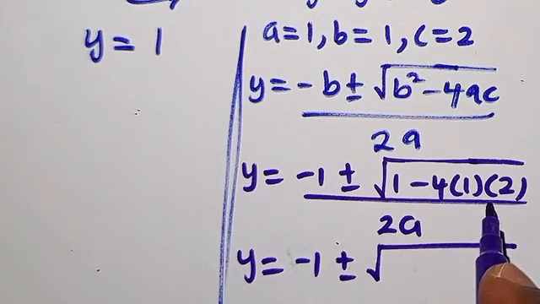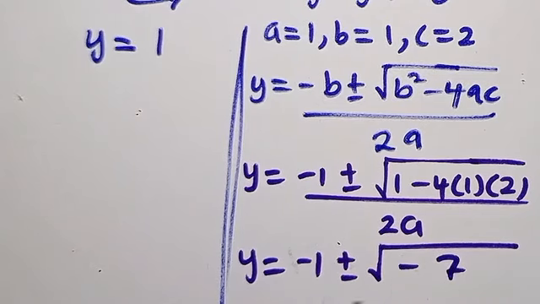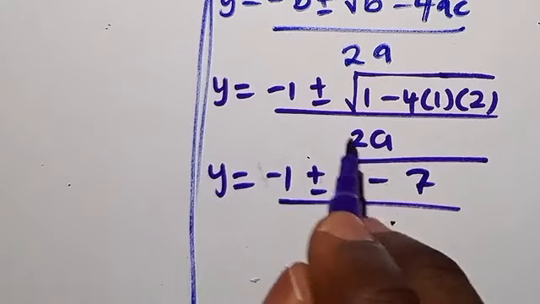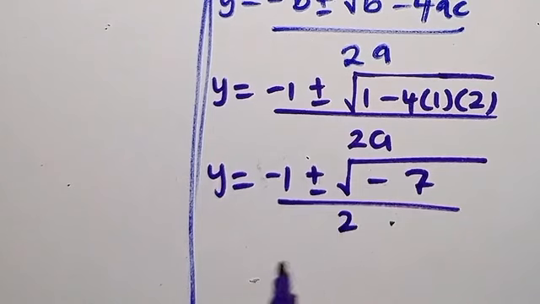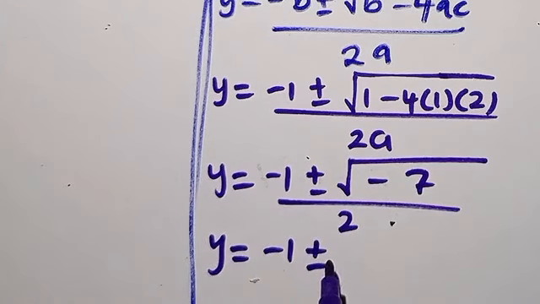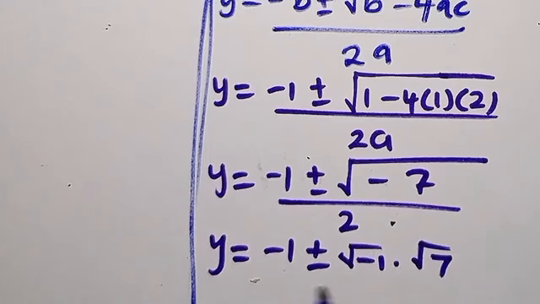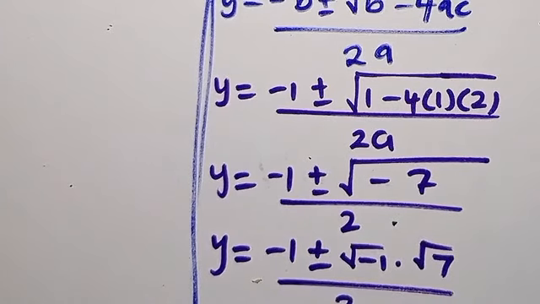So we have 1 minus 8, that is going to be minus 7, divided by 2a, 2 times 1, we have 2. So we have y equals minus 1 plus or minus the square root of minus 7. This can be root of minus 1 times root of 7, all over 2.